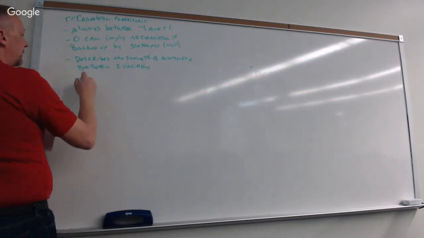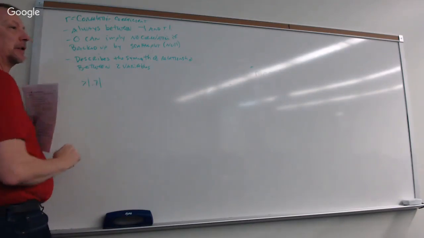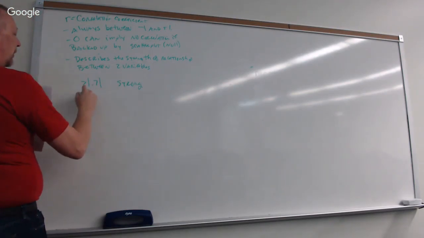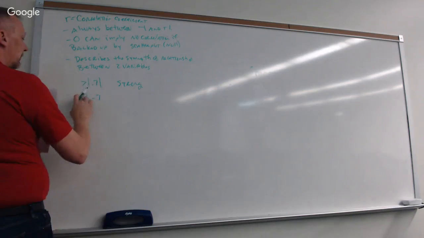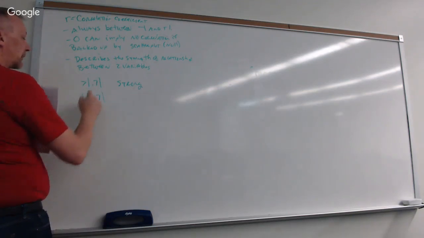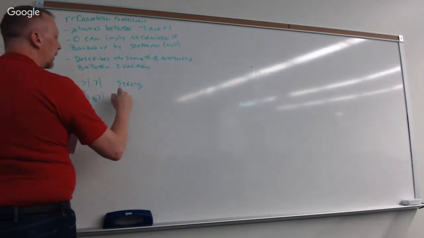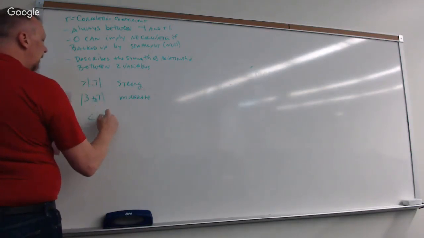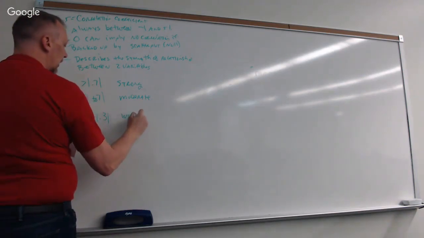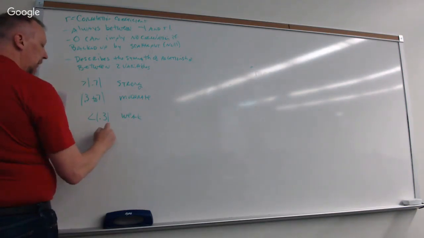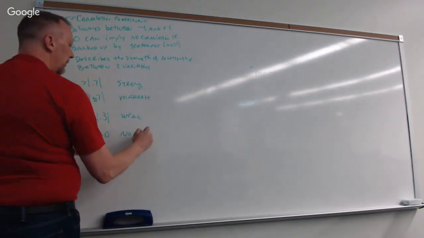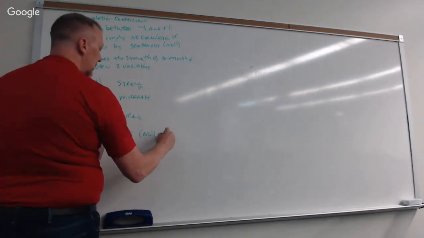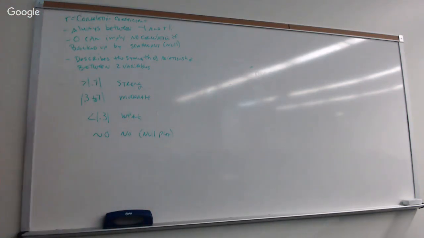If you have something that's greater than 0.7, then we're going to call that strong. If it is 0.3 to 0.7, the absolute value, then we're going to call that moderate. And if it's less than 0.3, we're going to call that weak. And if it's close to 0, then we're going to say that's no correlation, but you need a null plot to back that up. Okay.